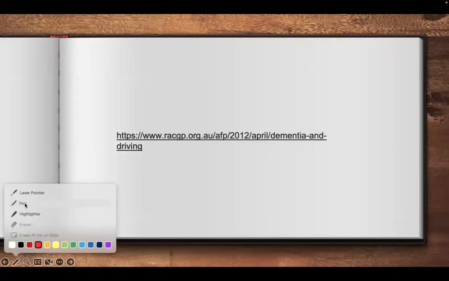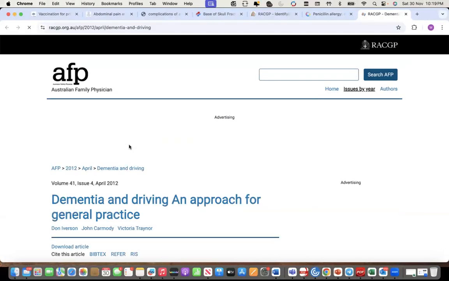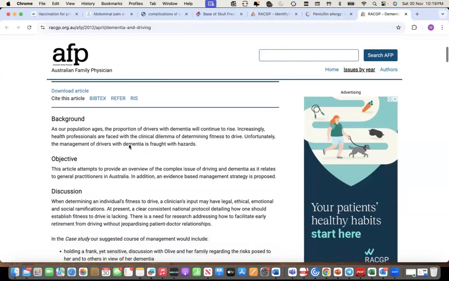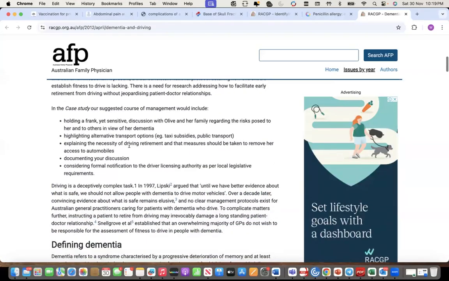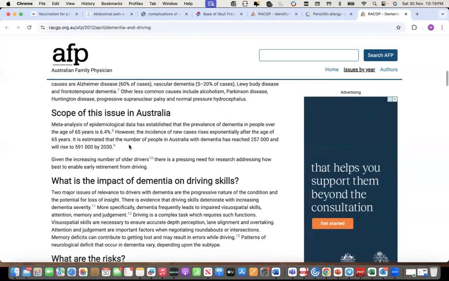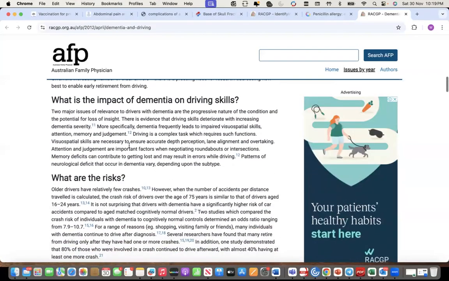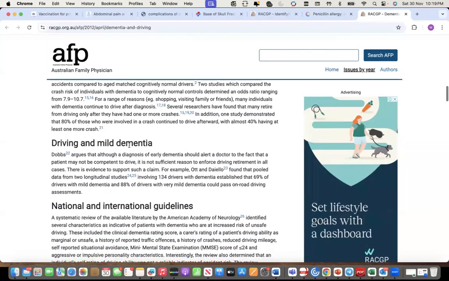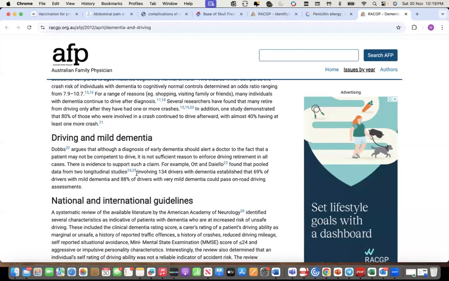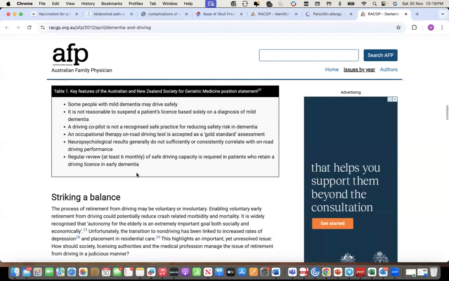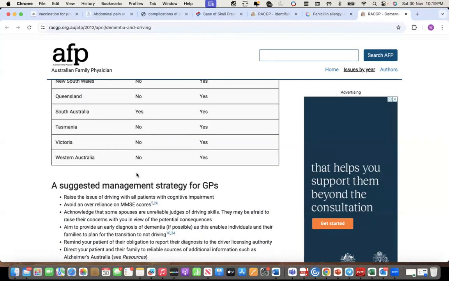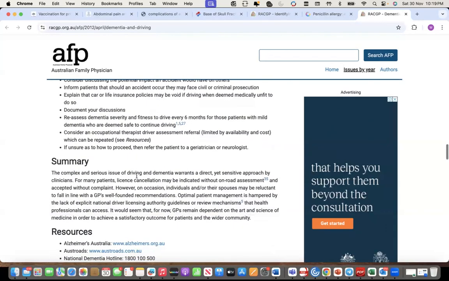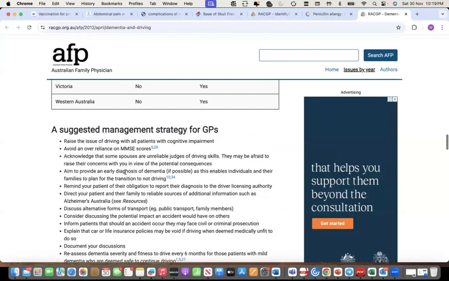Quickly let me check the reference from this guideline, about the co-pilot.